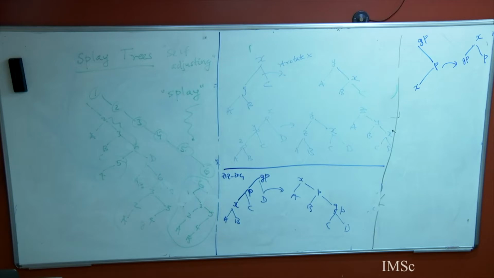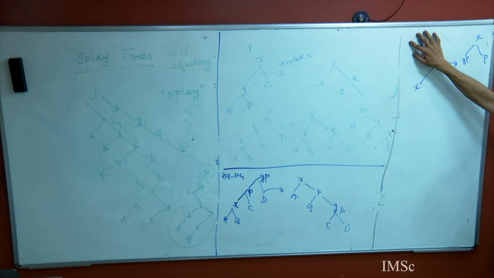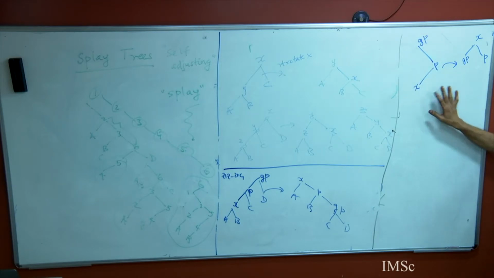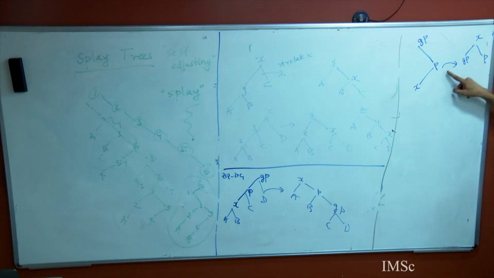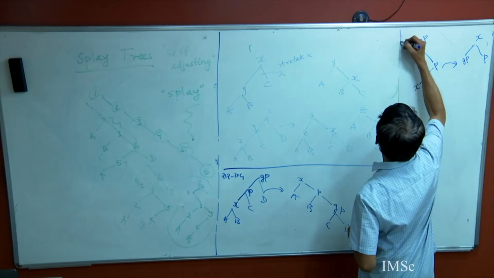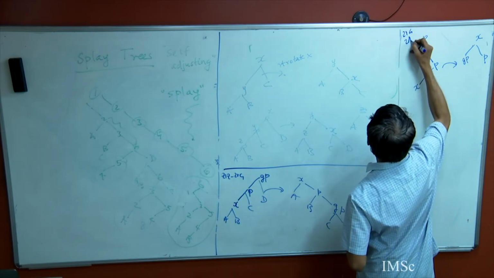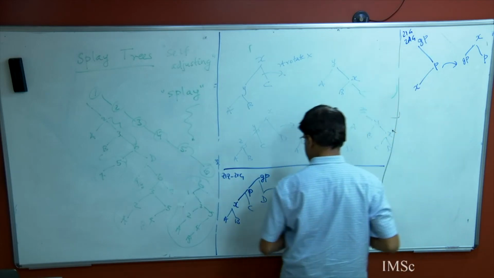Again, check that the binary search tree property is satisfied, because if this is a tree, then X is bigger than GP because it's on the right subtree. So X is bigger than GP, and P is also bigger than X. P is bigger than GP, and then the remaining subtrees go here. So this is called zigzag.